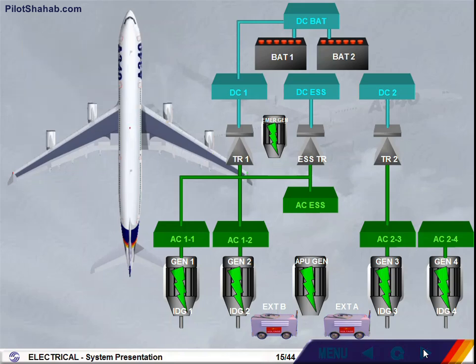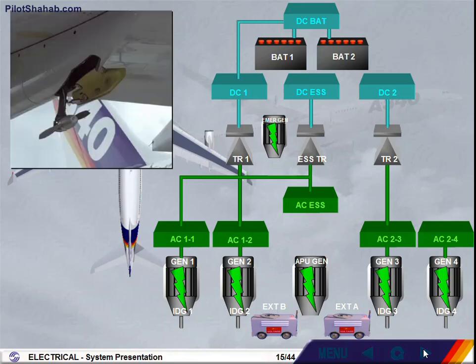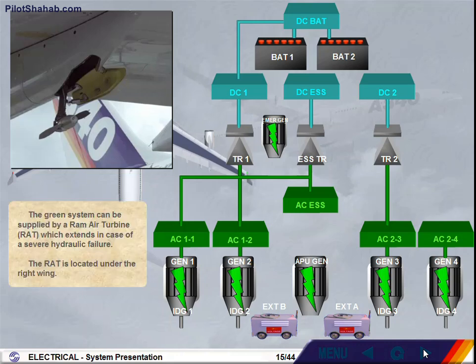The green system can be supplied by a ram air turbine, RAT, which extends in case of a severe hydraulic failure. The RAT is located under the right wing.